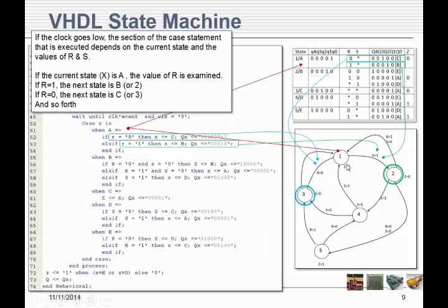So I say if state A, then if R equals 0, or I'm sorry, R equals 1, then I go from A to B. The output's going to be 0, and my state value, I might need this in order to come up with that state value, but it's 0, 0, 0, 1, 0.